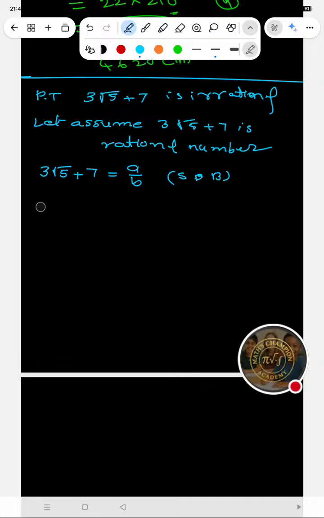So what we are getting: 3 root 5 plus 7 whole square is equal to a by b whole square. It is in the (a plus b) whole square formula, we already know. Try to write formulas beside also: a square plus b square plus 2ab.